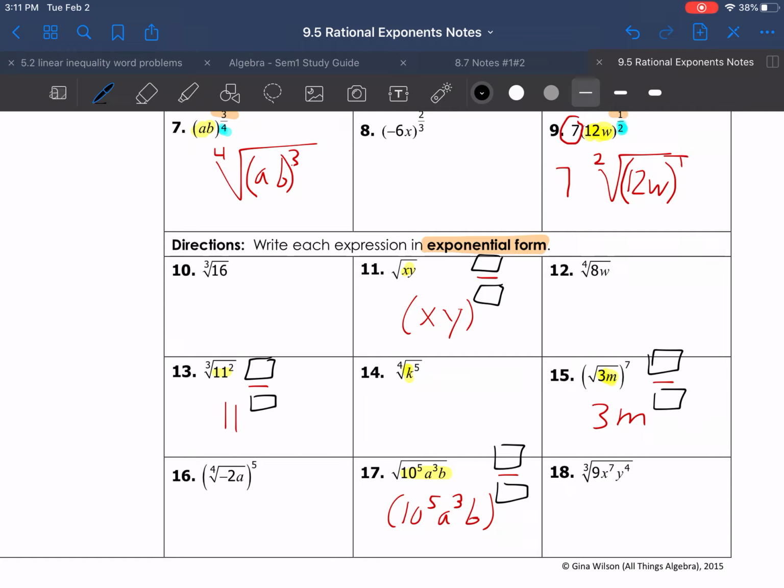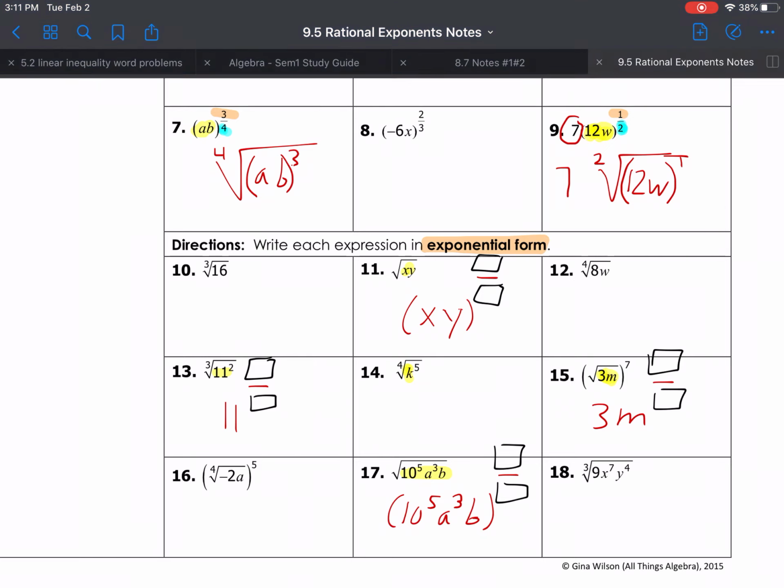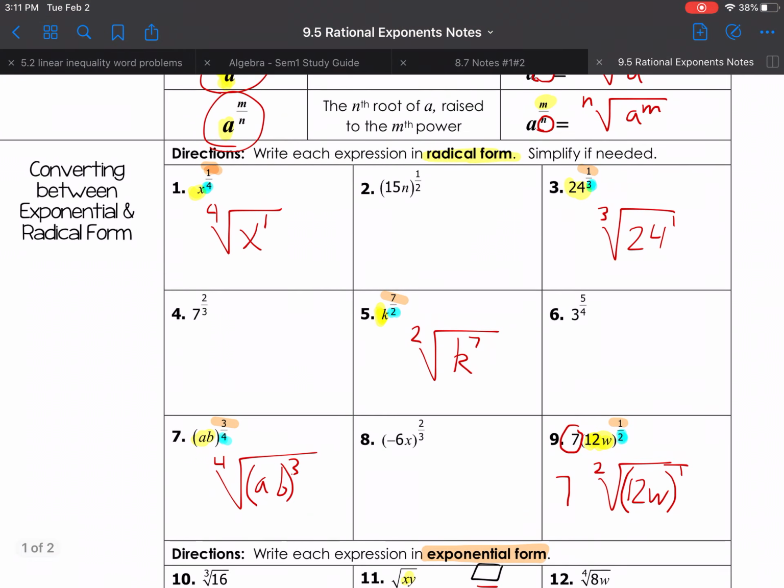Now, if you remember from the previous problems, the denominator of your fraction will always be whatever the root is in your problem. So I'm going to grab that blue. I can even remind you, look up here. See how every single bottom of the fraction is in blue, right?